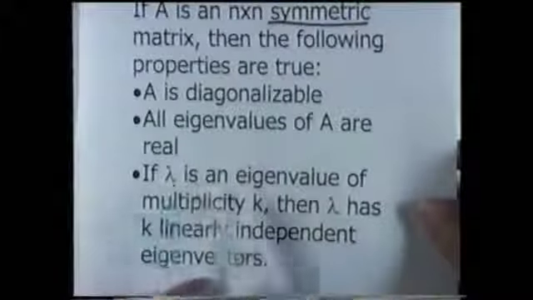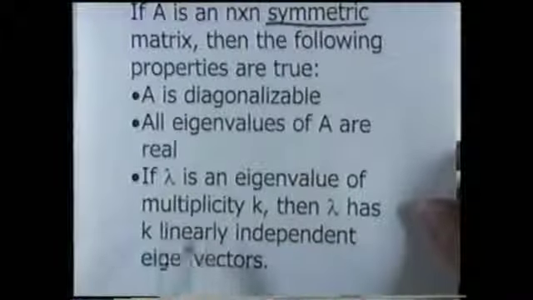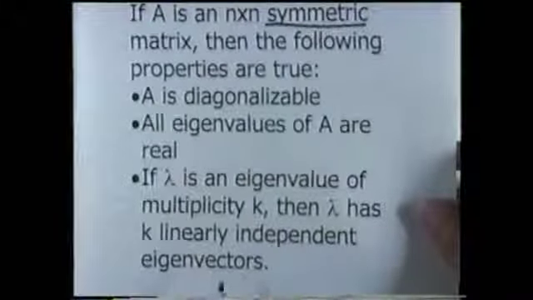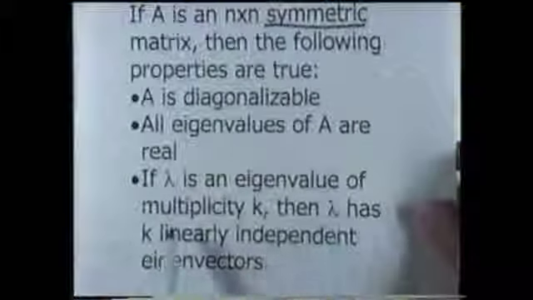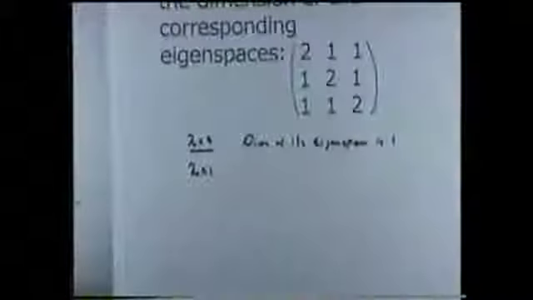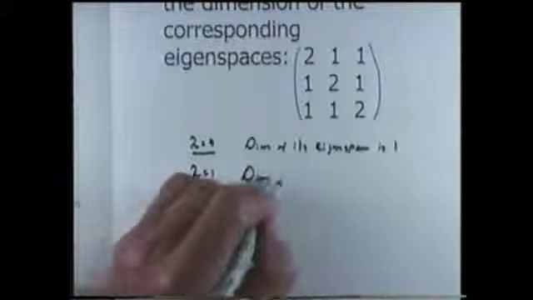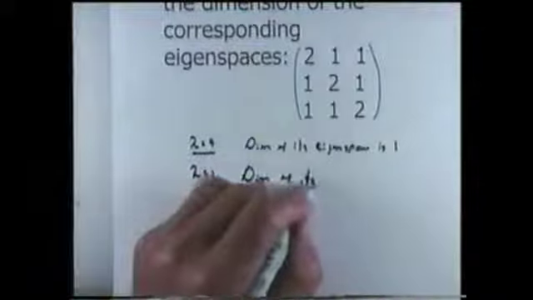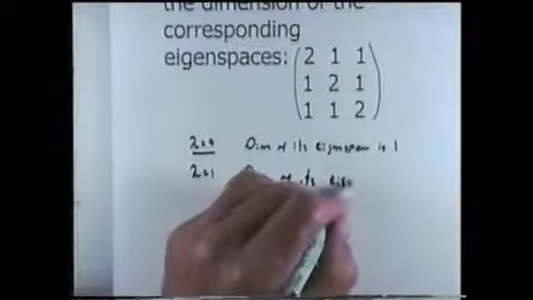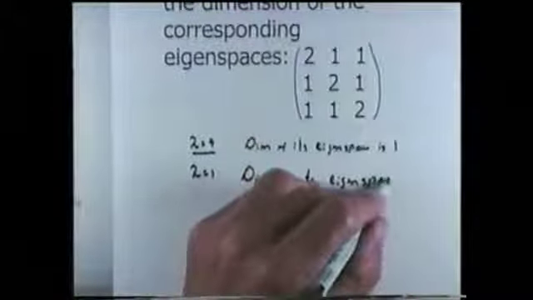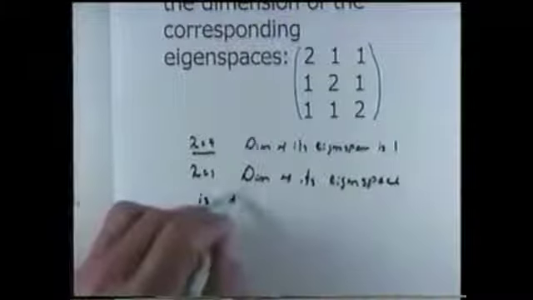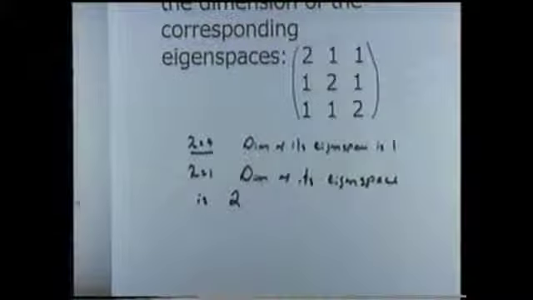So in this case, lambda is an eigenvalue of multiplicity 2. Then lambda has 2 linearly independent eigenvectors. If lambda has 2 linearly independent eigenvectors, then the dimension of its eigenspace is 2.